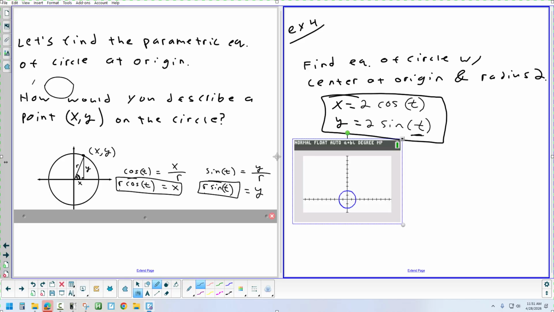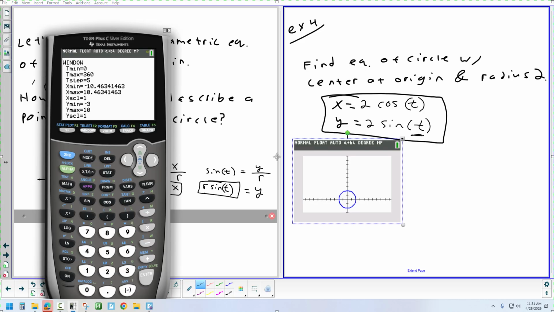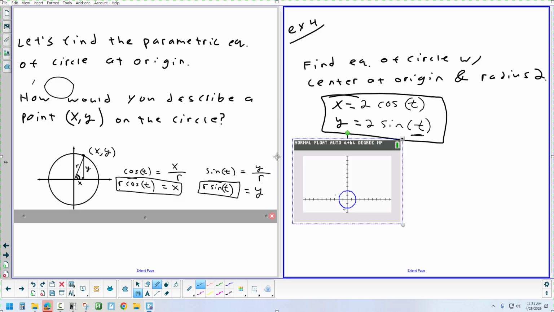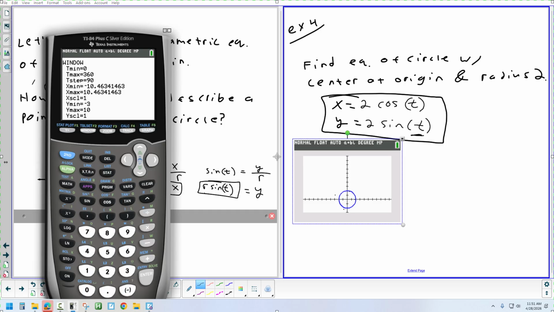That's a good picture. Now, what would not be a good picture is, let's say you went by 90s. What's going to happen if you go by 90s? How many points would you get? Well, you get 0, 90, 180, 180, 270, 270, 360 and 360. You're going to get 5 points where the end point is back at the beginning, but it's only going to be 4 distinct points that form the corners of a square.